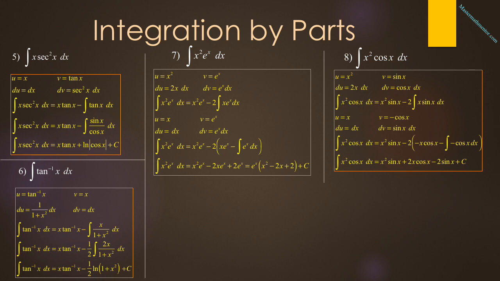So our integral is x squared sine x minus 2 times the quantity negative x cosine of x minus the integral of negative cosine x dx. And we can take that integral, so our final answer is x squared sine of x plus 2x cosine x minus 2 sine of x plus c.